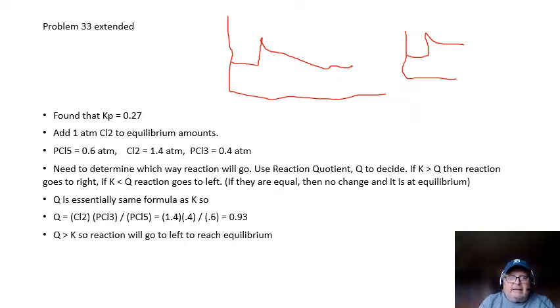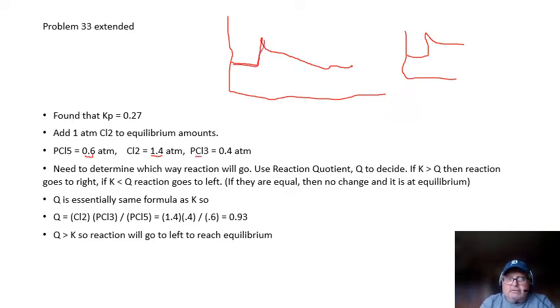So we found that the Kp is 0.27, and what we did is we added 1 atmosphere of chlorine to the equilibrium amounts, and that increased the chlorine to 1.4, while these stayed the same. So that's what happens right here.